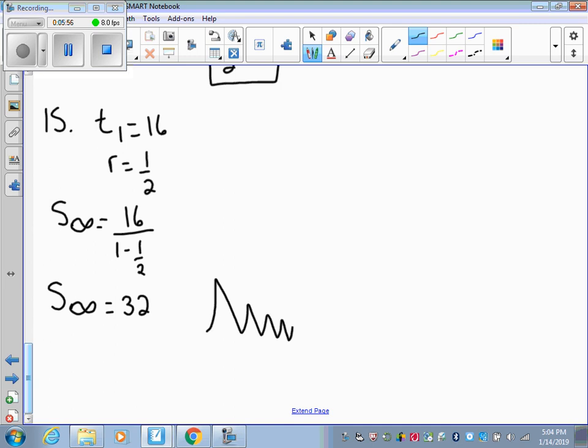It starts up here at 16, but then it's going up and down: 8, 8, 4, 4, and so on. So we have to double this. We double that to get 64. Remember, this one only did a downward bounce at the start, so then we have to subtract off 16, and that leaves us with 48.